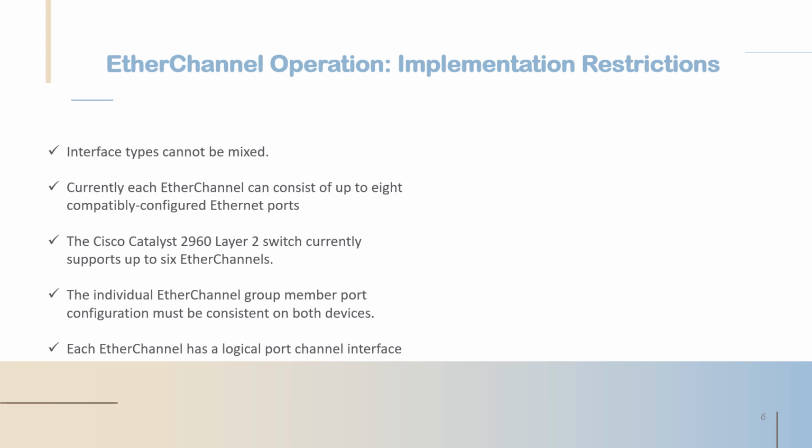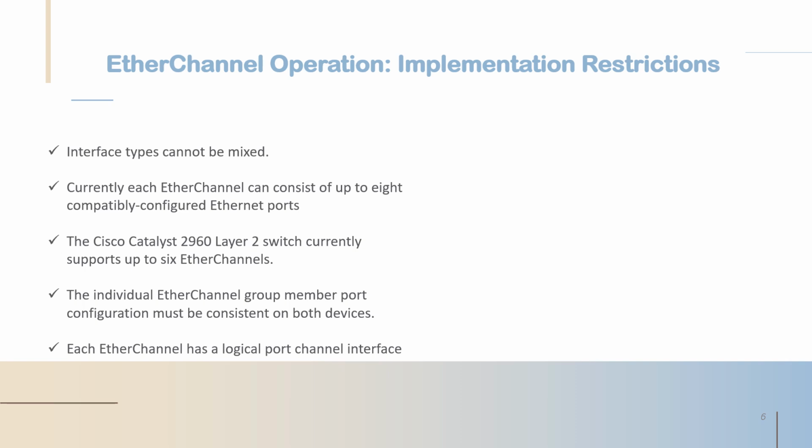The individual EtherChannel group member port configuration must be consistent on both sides. Remember this: if the physical ports of one side are configured as trunk, the physical ports of the other side must also be configured as trunks within the same native VLAN.